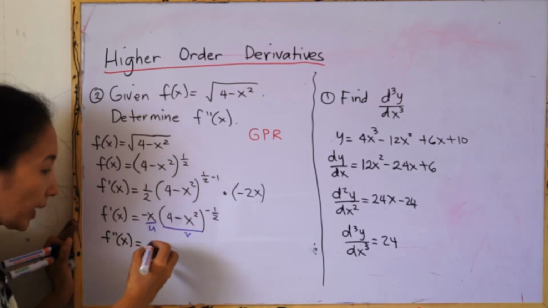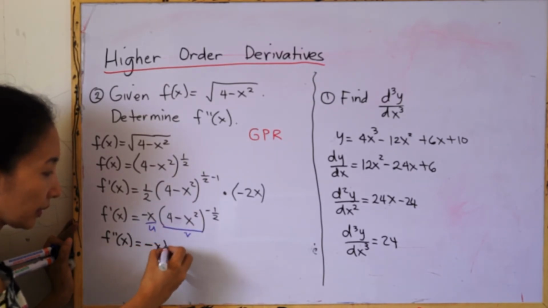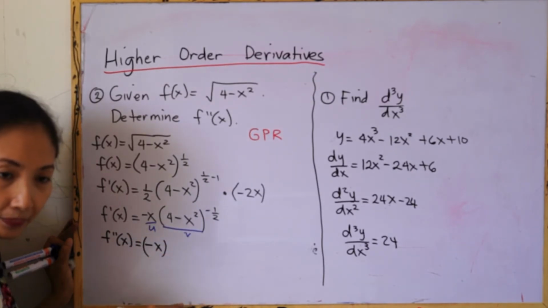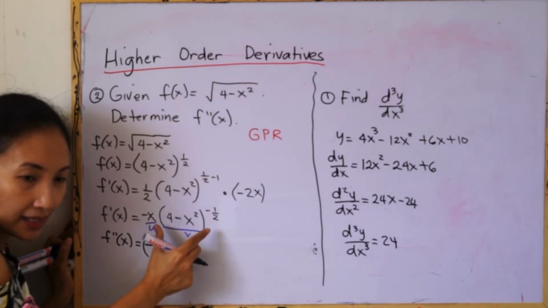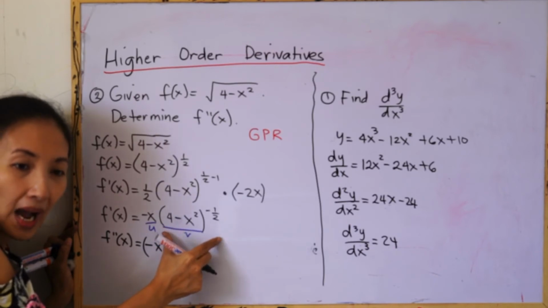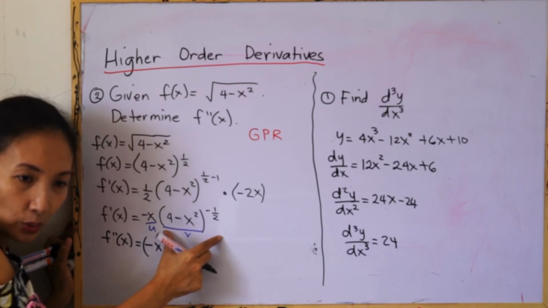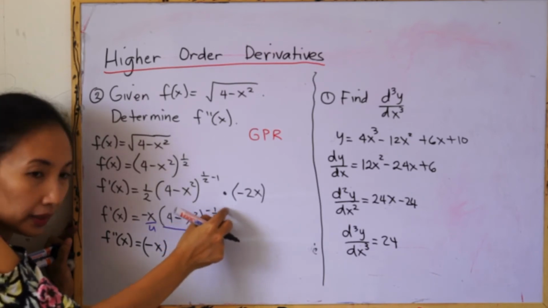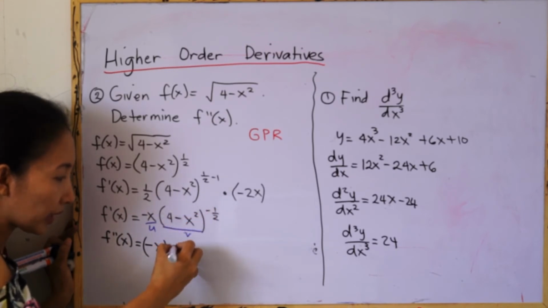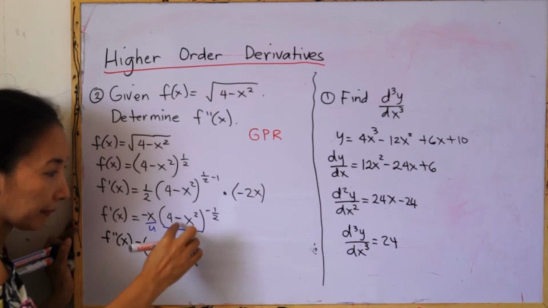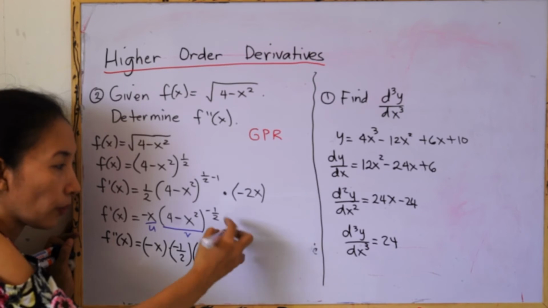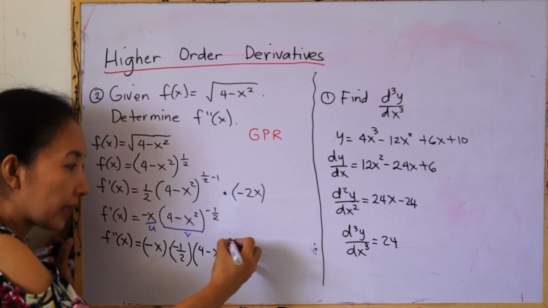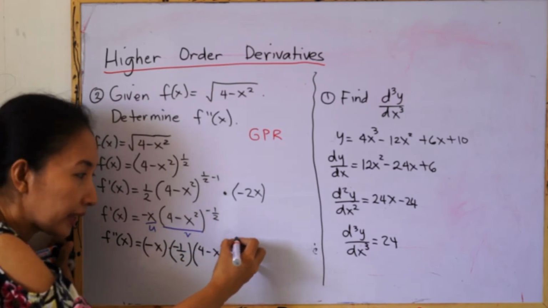u is negative x. For dv, we differentiate the second factor, which is a power, so we apply the power rule. The exponent negative 1/2 times 4 minus x squared raised to the exponent minus 1, that will give negative 3/2.